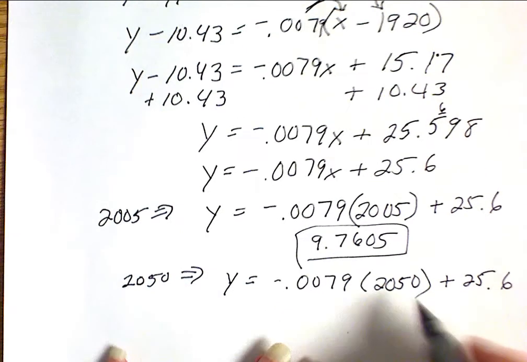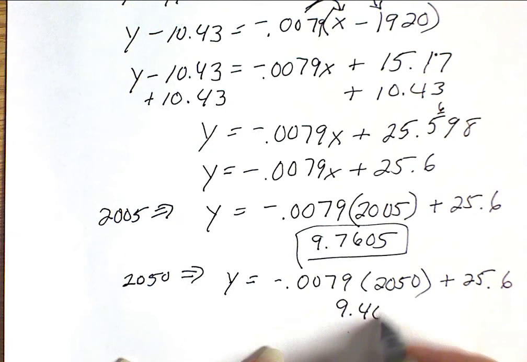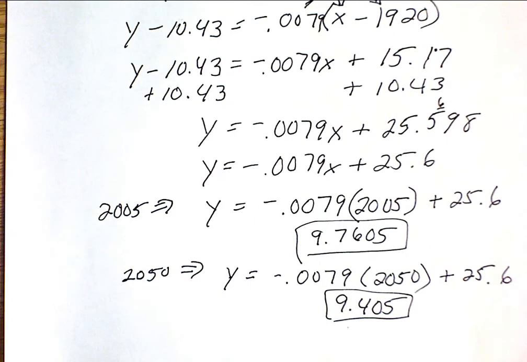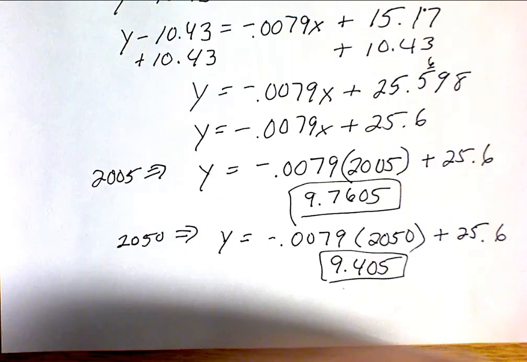All right. So what did you guys get? 9.405. Very good. Now, if you're writing big like me, you might have to write on the back in a second.